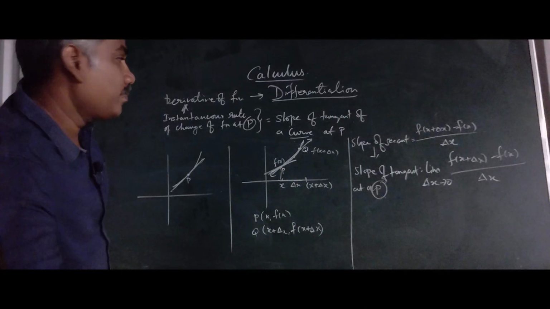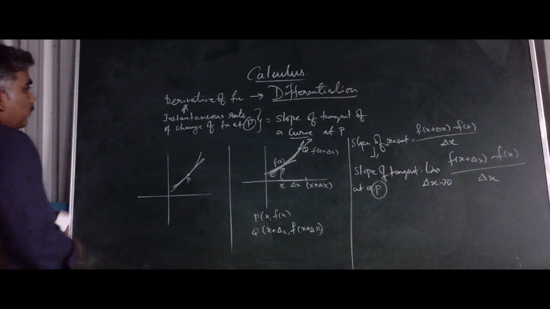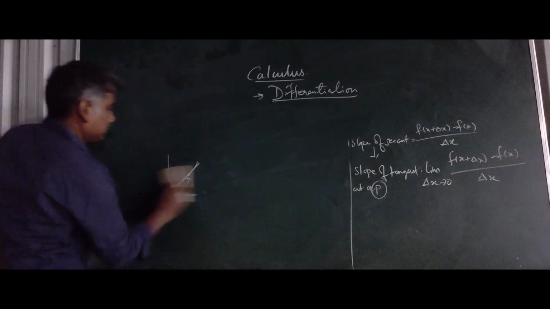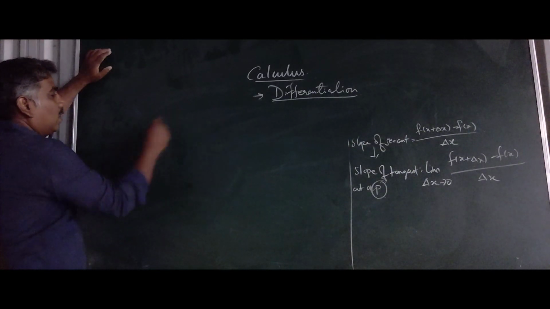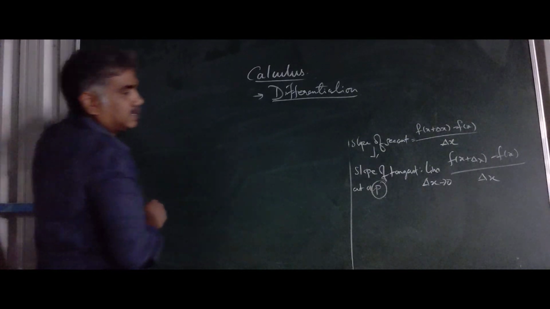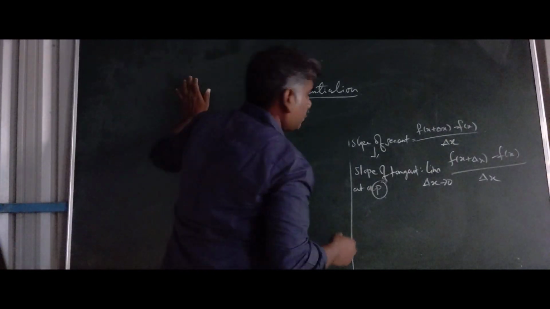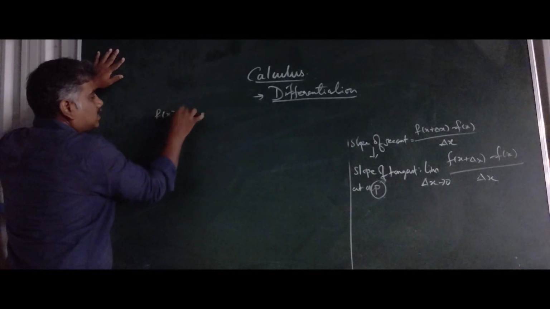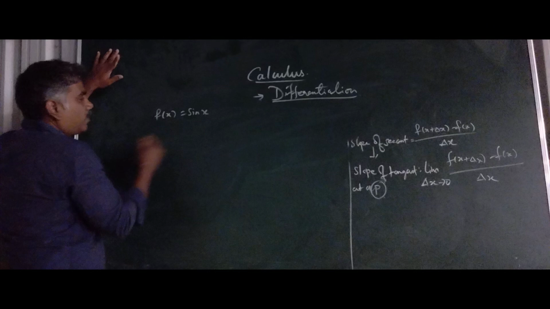Now we can use this concept to find the derivative of sin x. How do you find the derivative of sin x? We can say that f of x is equal to sin x. Now I am going to find the derivative of sin x.